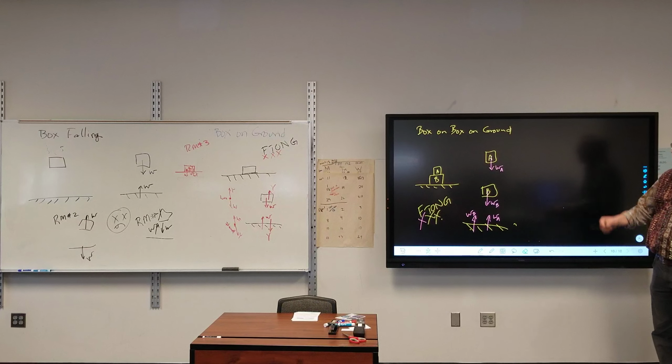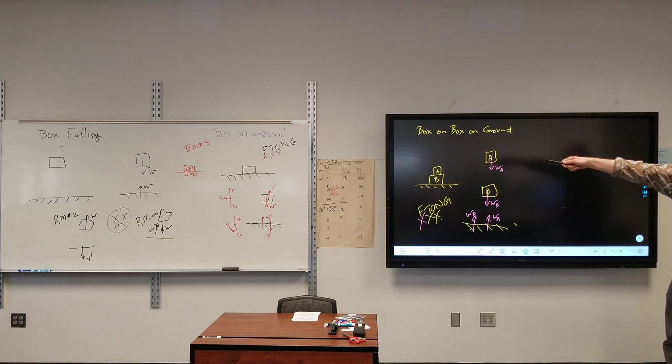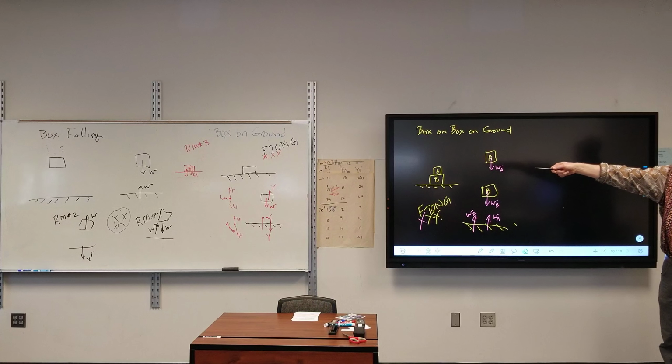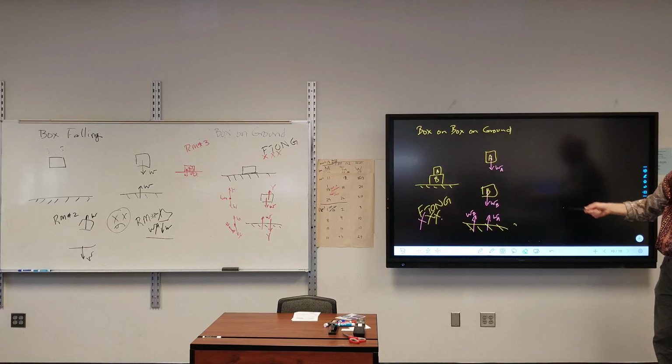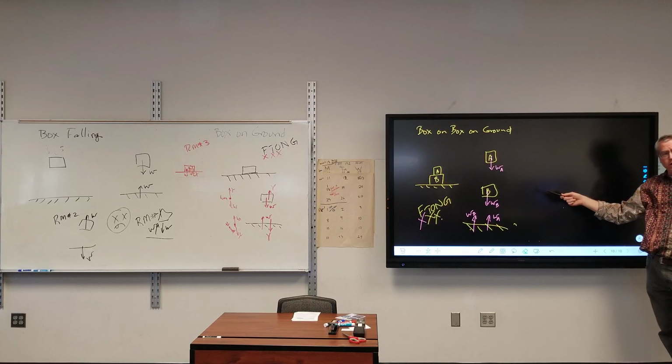Rookie mistake number, whatever we're up to, 4: no subscripts when they need to be there. We don't need subscripts over on the whiteboard over there because we have only one object besides the planet. I have only one pair of forces over there, but I have more than one pair of forces over here. Subscripts are probably going to be involved.